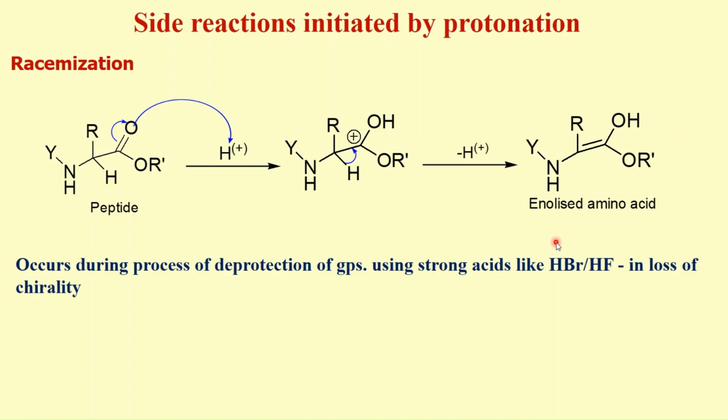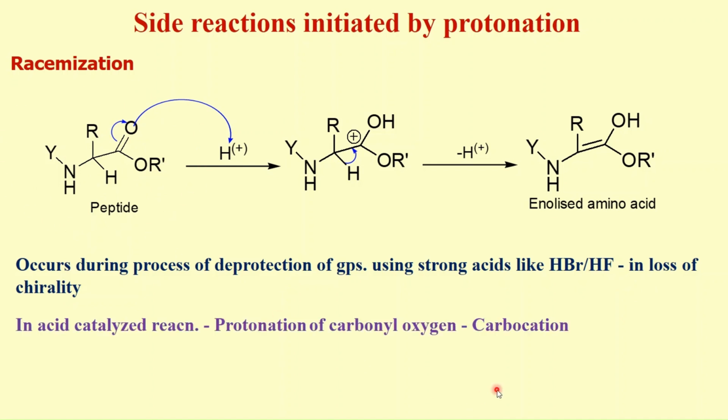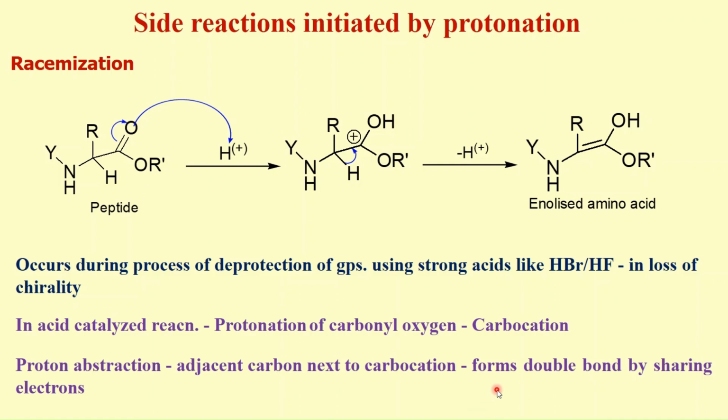This occurs because of the acidic environment which we use during the deprotection, by using strong acids like hydrogen bromide or hydrogen fluoride, and this leads to loss of chirality that exists in the peptide which is formed, and thus the further reaction stops.